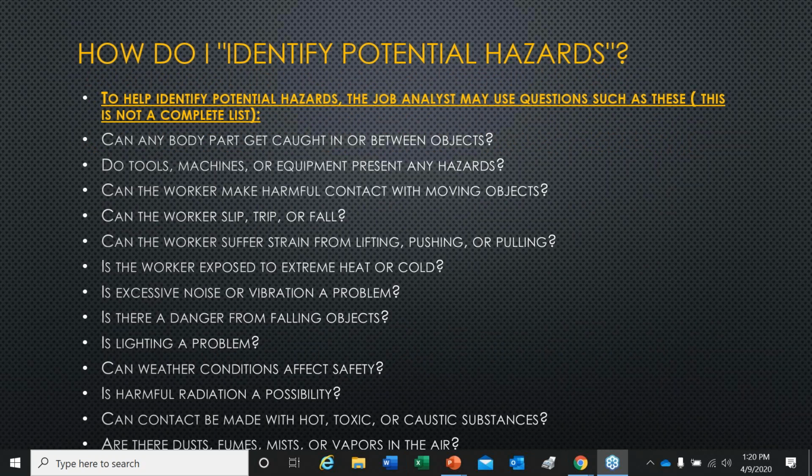How to identify those hazards? I give you a whole list of different questions to ask yourself as you go through it. Can your body get caught in it? Are there tools involved that need to be looked at? Can your worker have harmful contact? Is it a location if you're working around pumps?